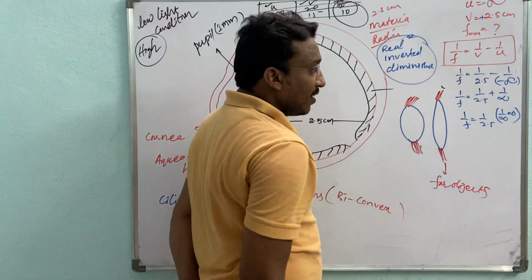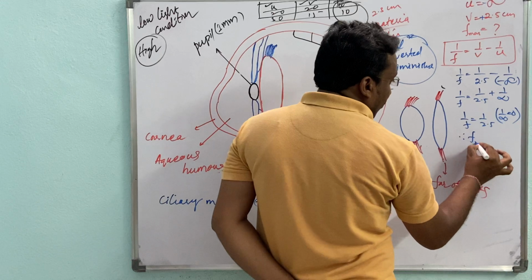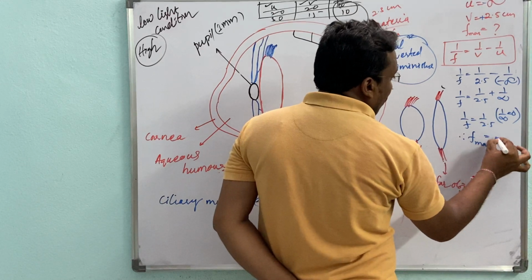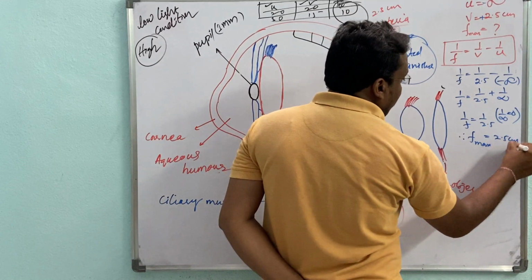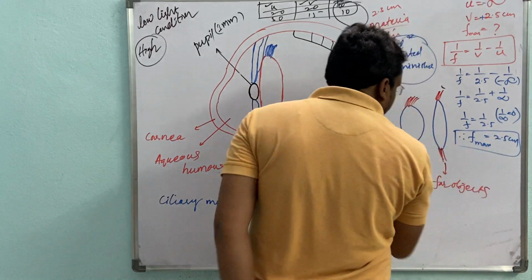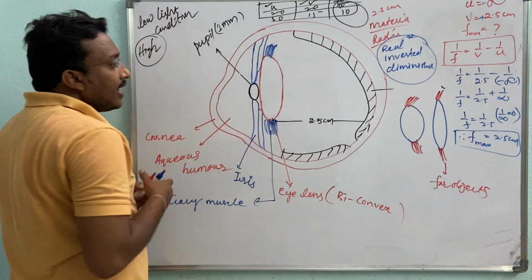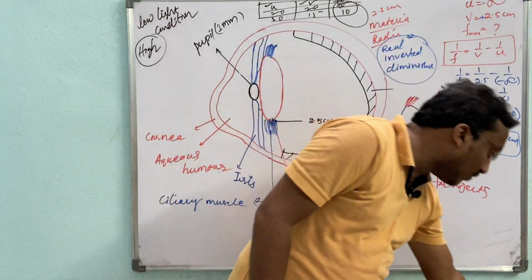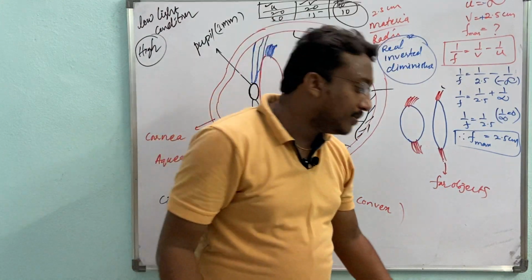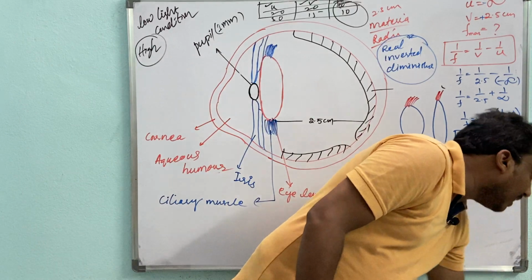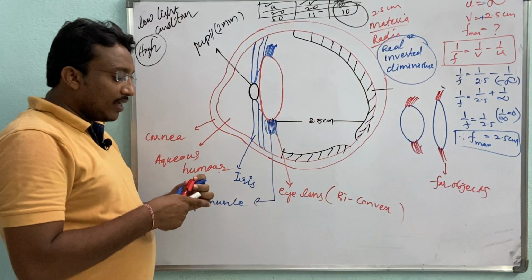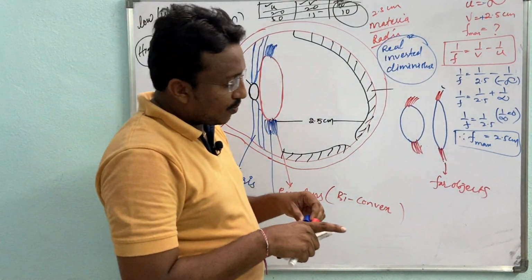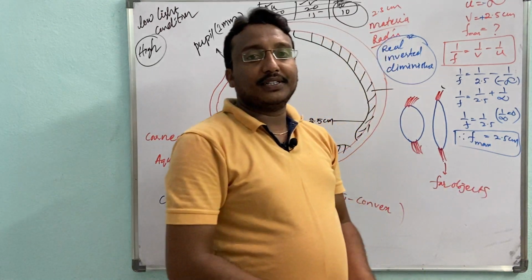Therefore, f maximum equals 2.5 centimeters. Got it? If our eye is focused on far objects, our focal length is maximum, that is equal to 2.5 centimeters.